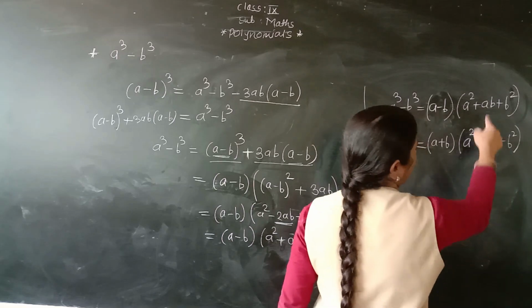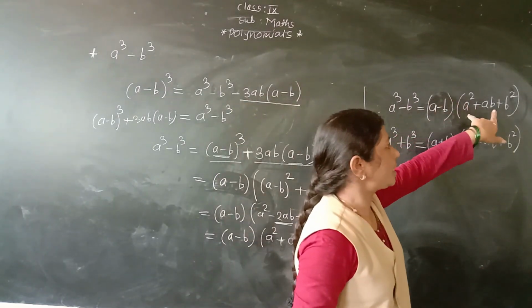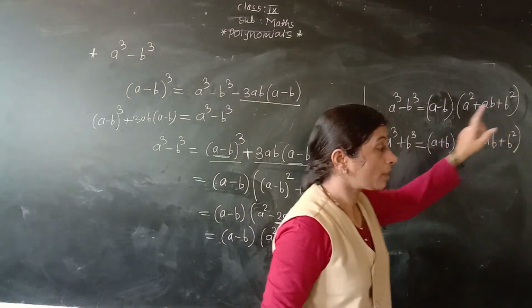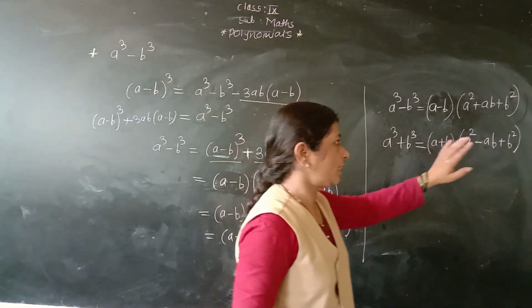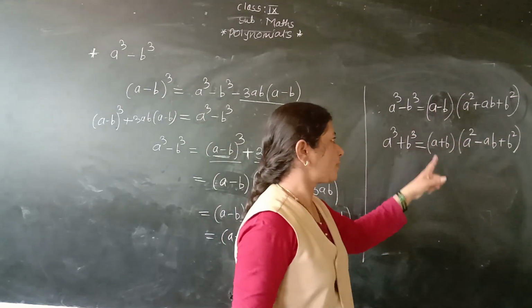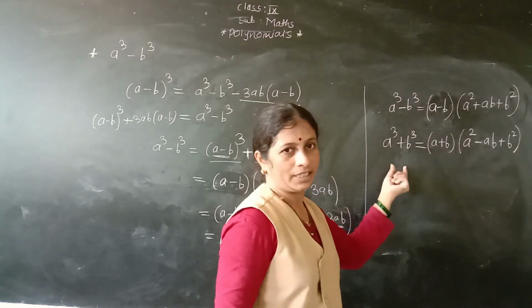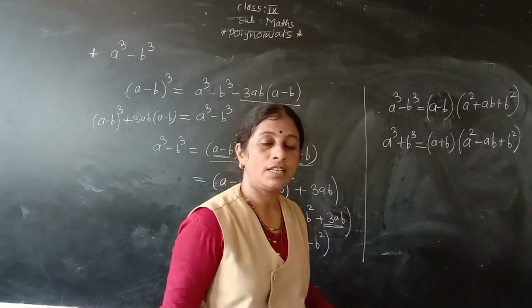So only these changes. When a cube minus b cube, in the second bracket all terms are positive. When a cube plus b cube, the middle term is negative, and the first brackets are according to your identities. Understood? Now different types of examples we will see in the next lecture.